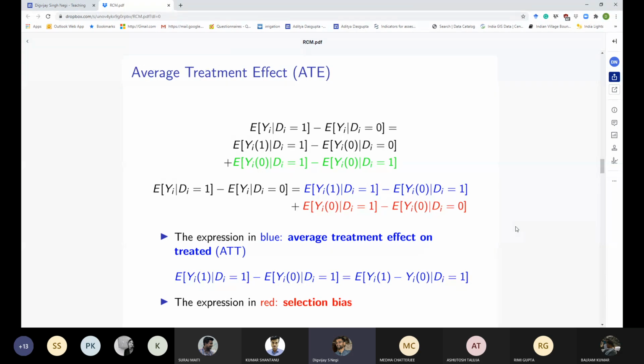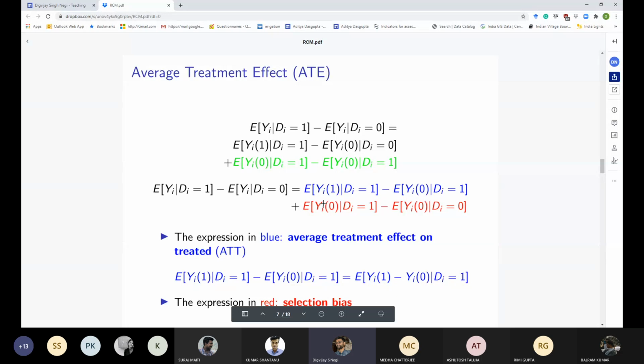So in that case, it's easy to see that there would be a strong selection bias. Students self-select to enter into IGIDR, right? It's not that who comes into IGIDR or who does not is a random phenomenon, right? Students self-select. So in that case, this object will not be 0, right?